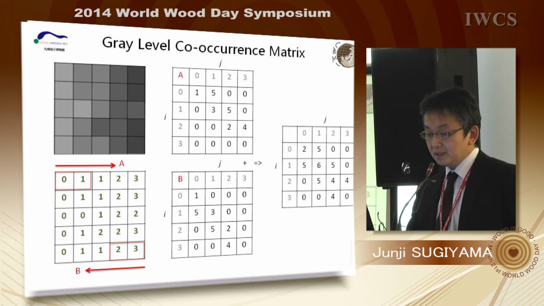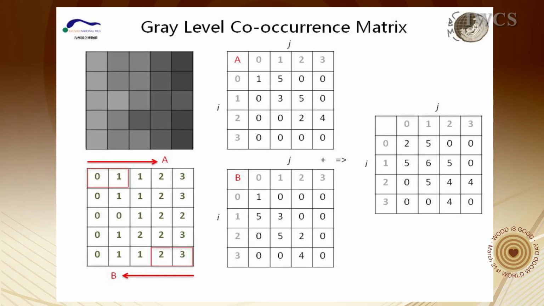For instance, in this case, I equals 0 and J equals 1, so you count 1 here. And if you move it here, I equals 1 and J equals 1, so you put 1 here. Like this, you go straight all the way to the end.